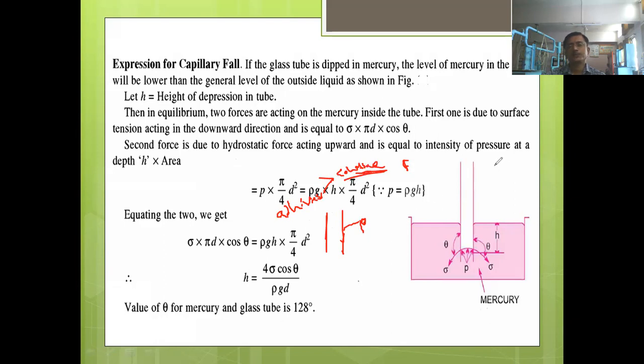But in case of mercury, Hg, the cohesive force is much greater than the adhesive force between mercury and glass. Because of this, the mercury will form a convex shape curve.